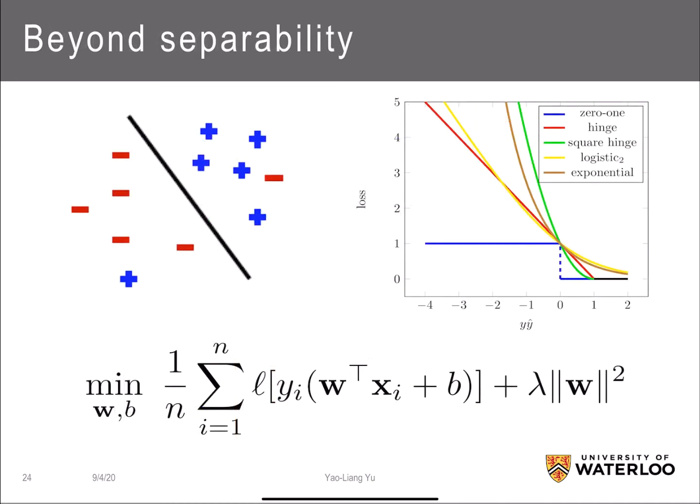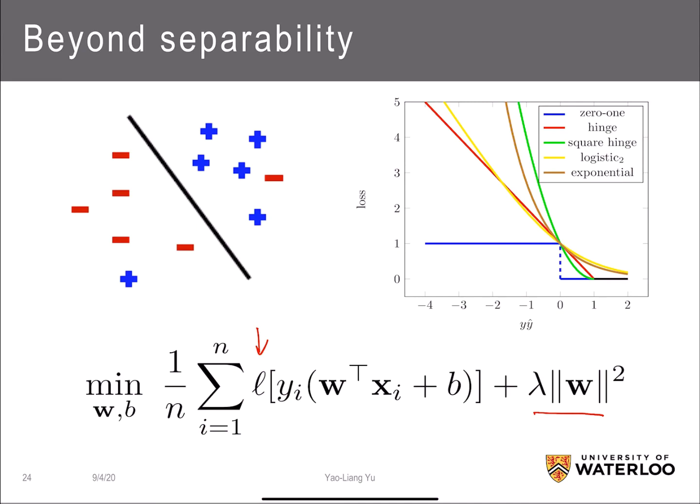And if we want to generalize this even further, what happens if there's no line that can separate the positive from negative? Then you can do the so-called empirical risk minimization, where you have a loss function and a regularizer. This is typical for most machine learning models.